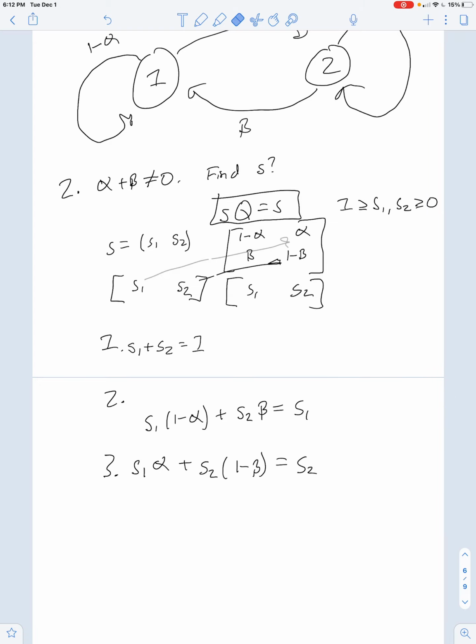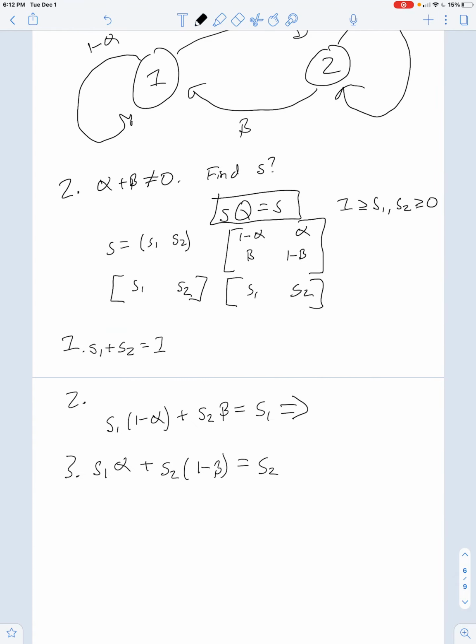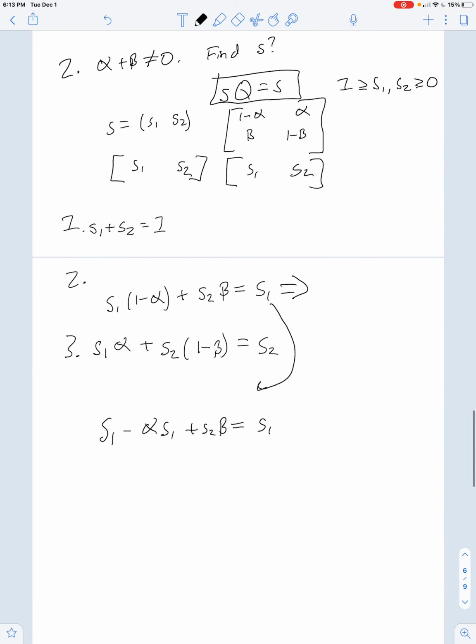Now I have these three equations, and from here I can basically solve the problem just by solving this system of equations. So from this, I know that you can rewrite this as S1 minus alpha S1 plus S2 beta is equal to S1.